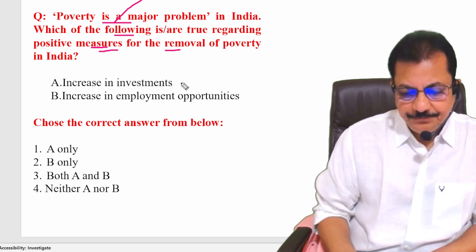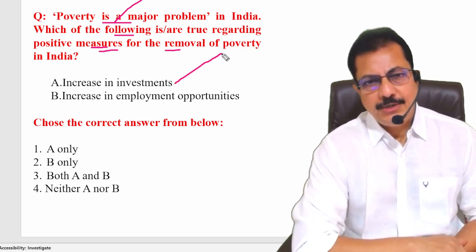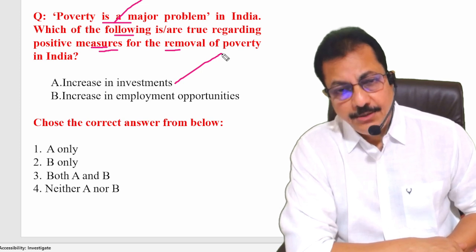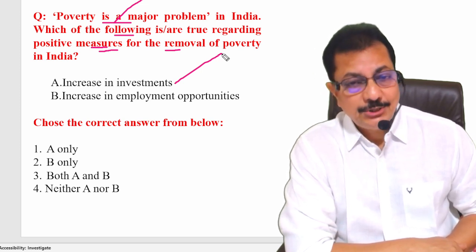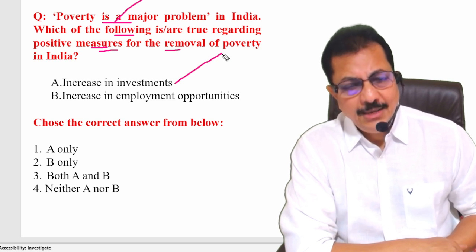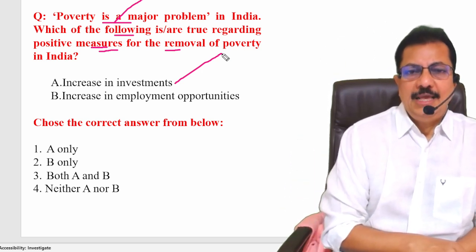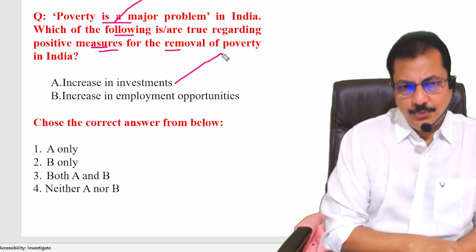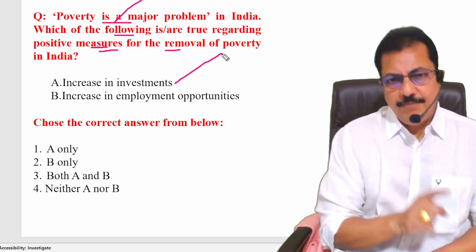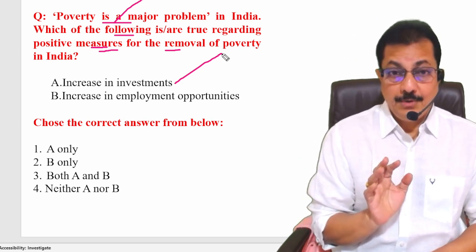Read the statements. Increase in investments. Does it remove the poverty? Yes. When you are increasing investments, you are bettering, you are improving your infrastructure, you are establishing the new industries. For everything you require men, and they will get the job. Alright?